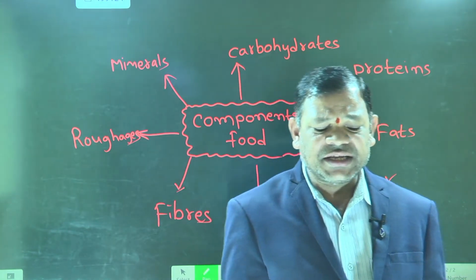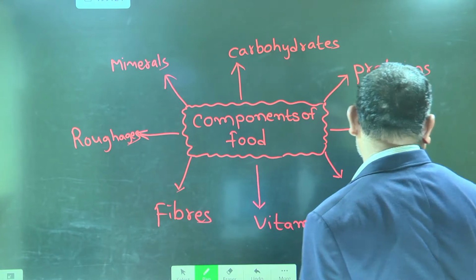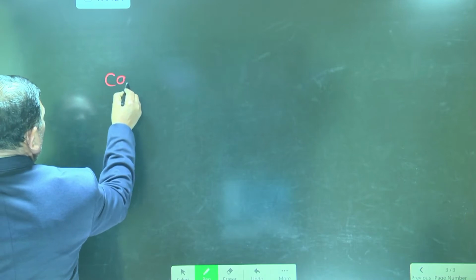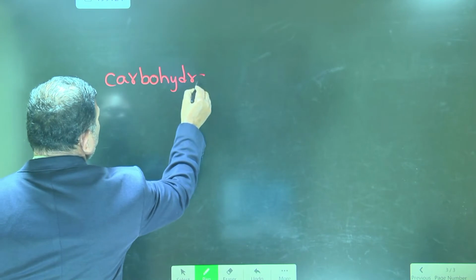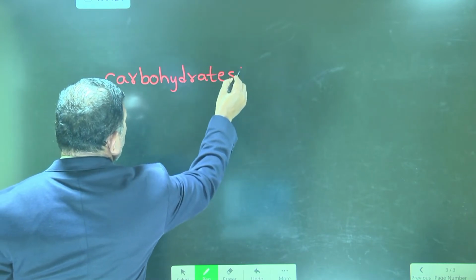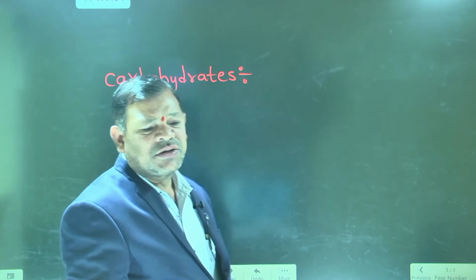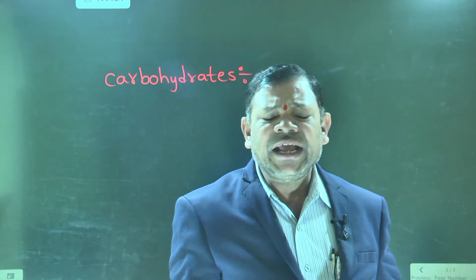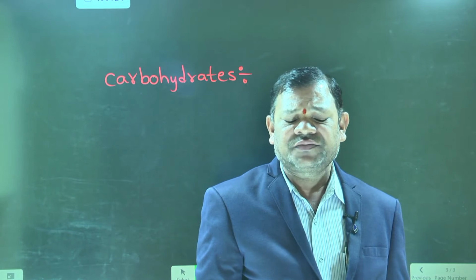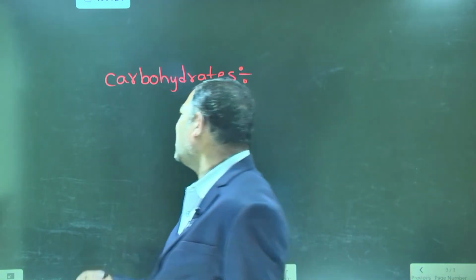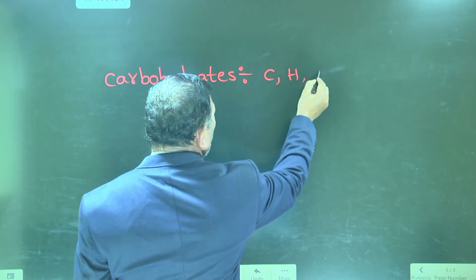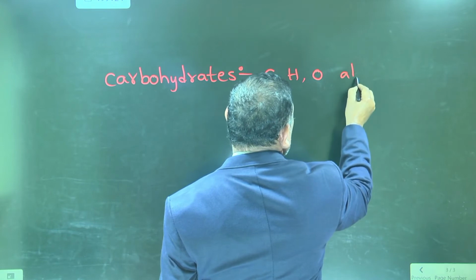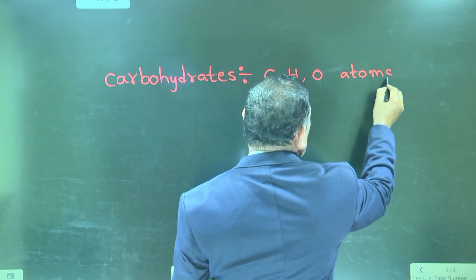Okay, now we can discuss them one by one. First one is carbohydrates. Carbohydrates especially provide the body with energy. In carbohydrates, carbon, hydrogen and oxygen atoms are present.